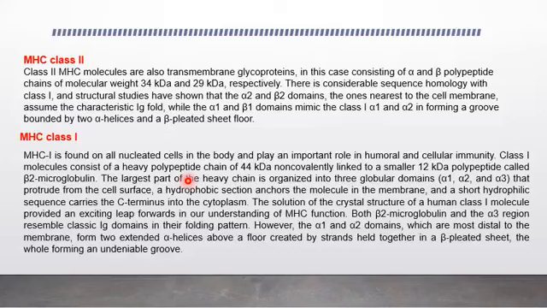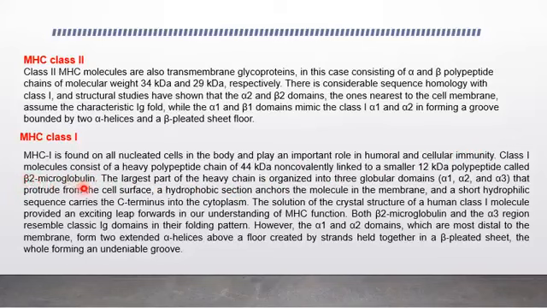Class 1 molecules consist of a heavy polypeptide chain of 44 kilodalton, non-covalently linked to a similar 12 kilodalton polypeptide called beta 2 microglobulin.